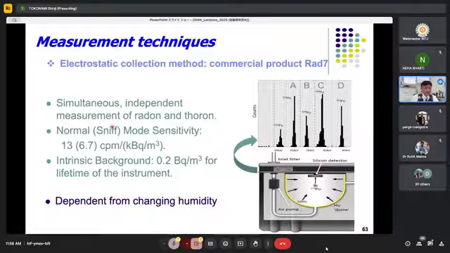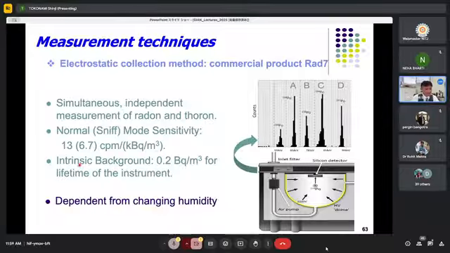Simultaneous independent measurement of radon and Toron can be done. Normal mode sensitivity is 13 CPM per kilobecquerel per cubic meter. Sniff mode sensitivity is 6.7 CPM per kilobecquerel per cubic meter.